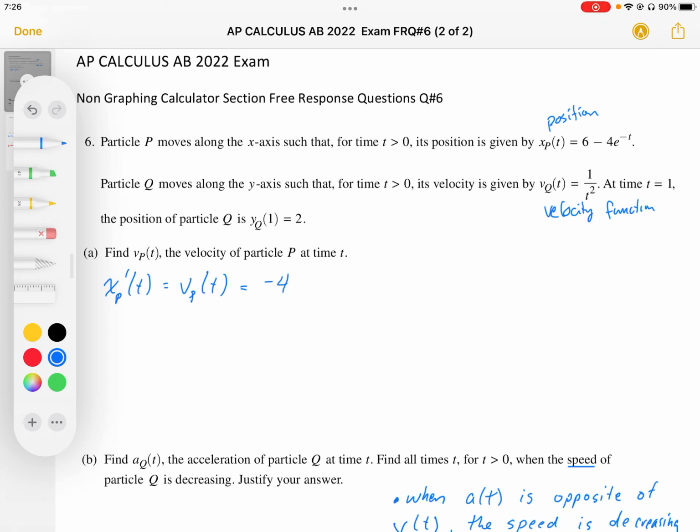We get negative 4e to the negative t. Because that's a negative, we need to multiply by negative 1 using the chain rule. So my v function is going to be 4e to the negative t. Okay, so that's the first part. That's the v_P(t) function.